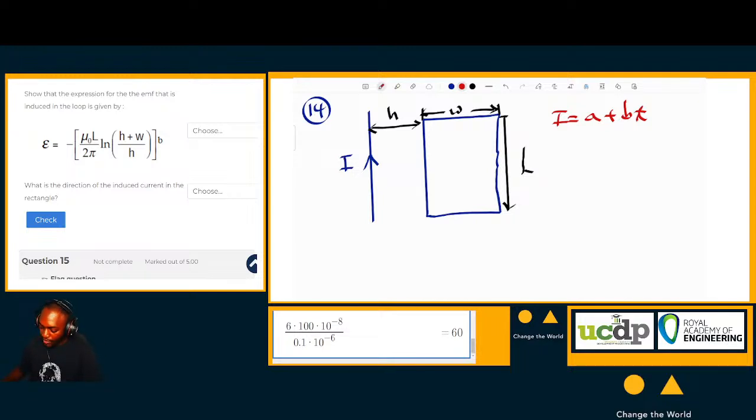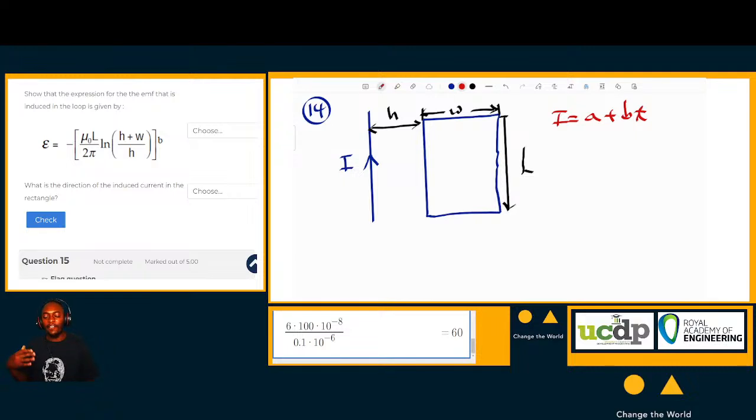The question we should ask ourselves: are we going to induce a current in that loop? The short answer is yes. Why? Because we have a current carrying conductor with a current flowing, and the magnitude of the current is changing.